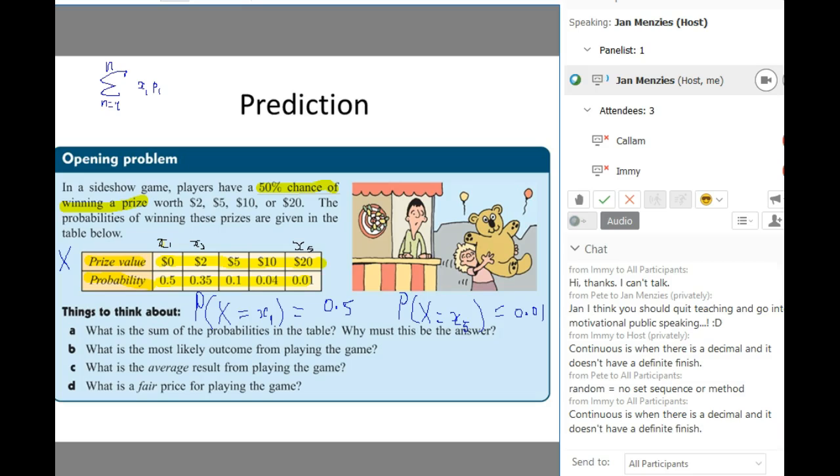Is getting $1.50 back in the long run worth it if the total cost is $20 or something? But the purpose of playing the game may not be to have a financial gain. So those things are all part of it. There are non-mathematical, social and entertainment reasons, as well as simply economic ones.